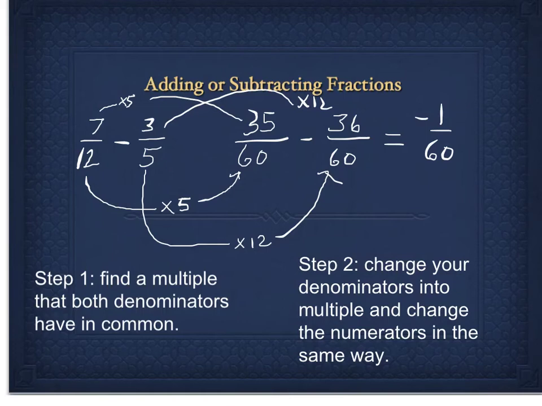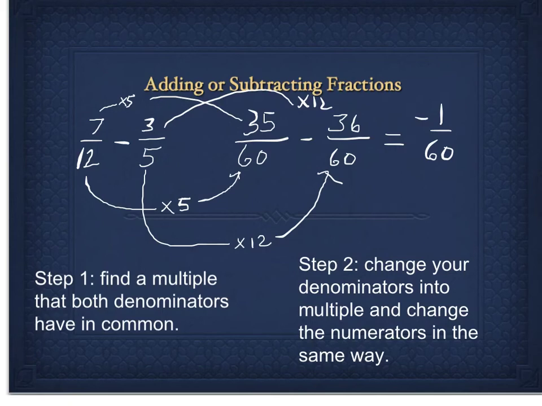What I mean by that is we're going to change 12 into 60 and 5 into 60. The way we change 12 into 60 is we multiply by 5. So we have to go to the numerator that shares a fraction with 12, and do the same thing. We have to take that numerator and also multiply by 5 to get my new numerator.